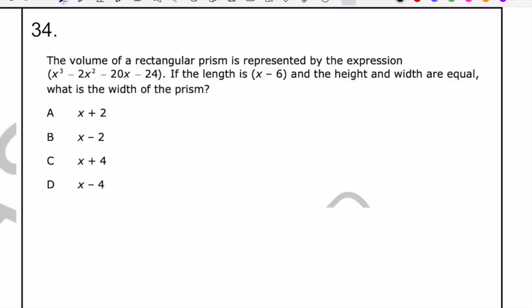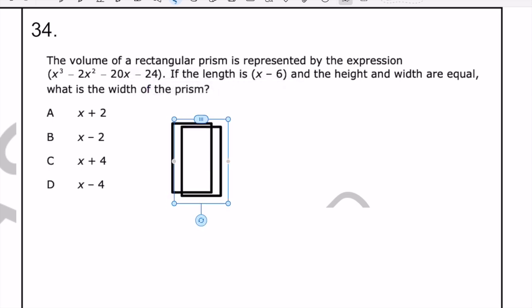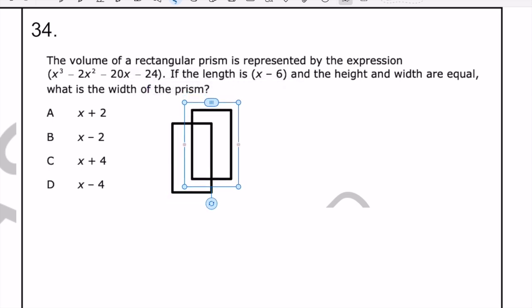All right, so for number 34, it says the volume of a rectangular prism. So we've discussed rectangular prisms before. It's completely up to you how you want to draw it, but what I normally do is draw 2 of them, duplicate, and line them up. I like to have visuals no matter how many times I've seen a prism. It just helps me to visualize what it's actually talking about.